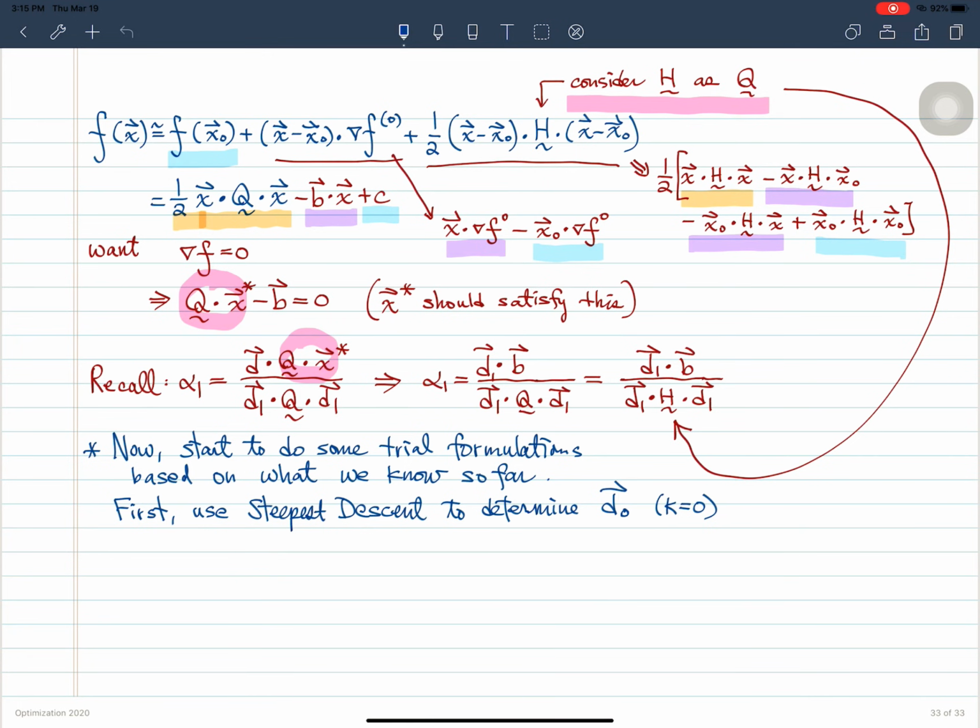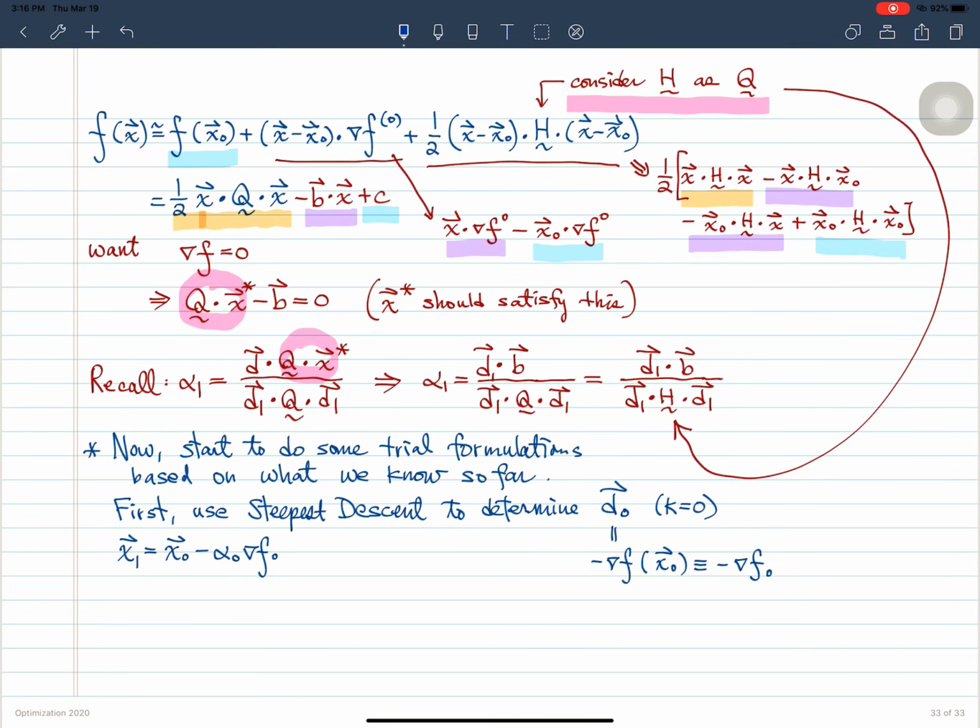Okay, so now if we use steepest descent, we chose some moving direction, and of course, based on steepest descent, D0 is negative gradient, and plug in my initial guess. To have a shorter, cleaner derivation, because there's going to be long derivations later on, let me write it down like this. Based on steepest descent, x1 equals x0 minus alpha 0 times gradient f0, right?